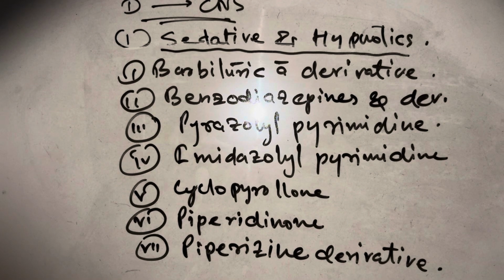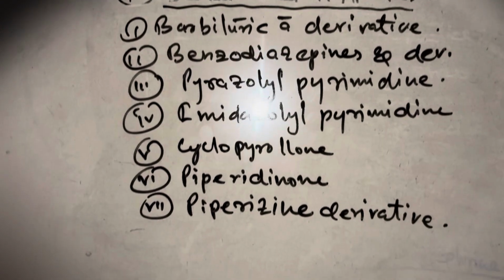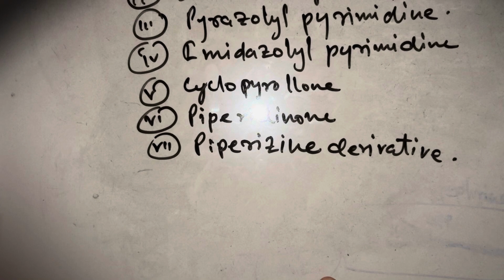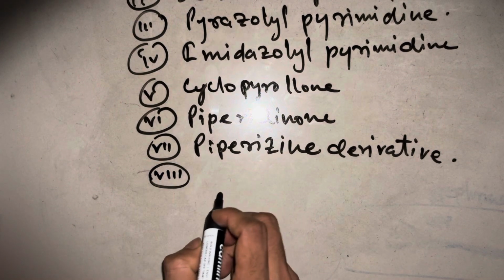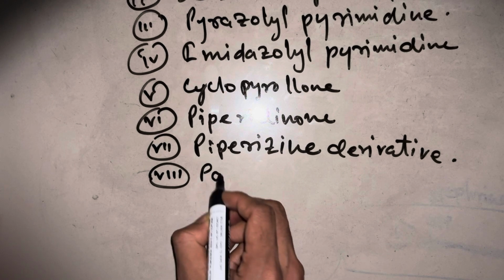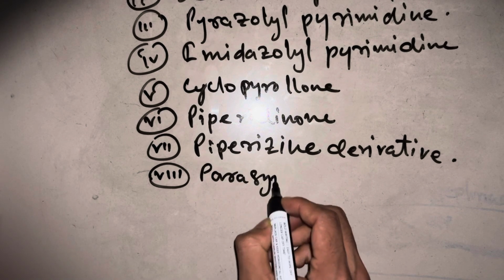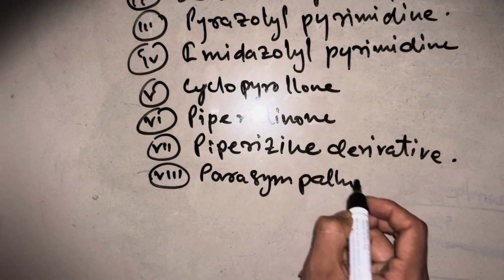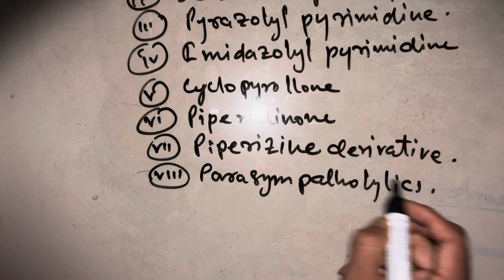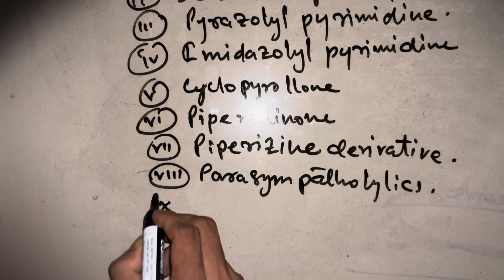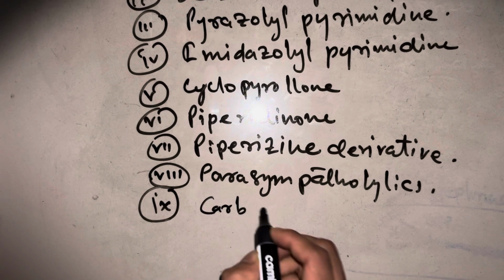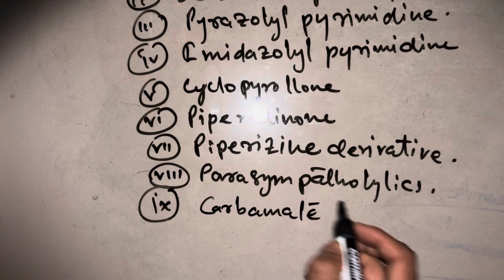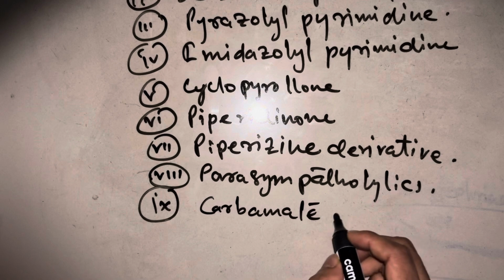Okay. So after that, class 8 is parasympatholytics, and class 9 is carbamate esters.